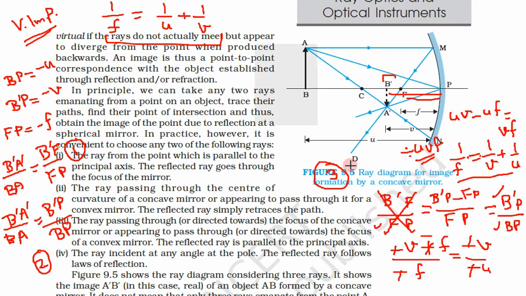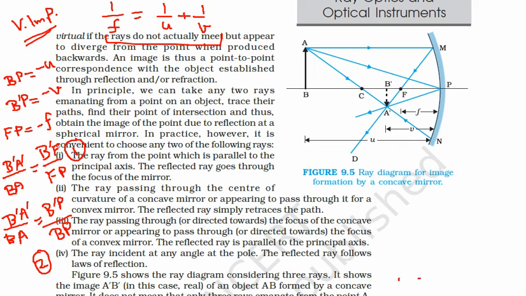So there are only 3 steps involved. What was the first step? Taking these two triangles, this was triangle first and this is triangle second. This is triangle 3 and this is triangle 4th, so this was step 2.